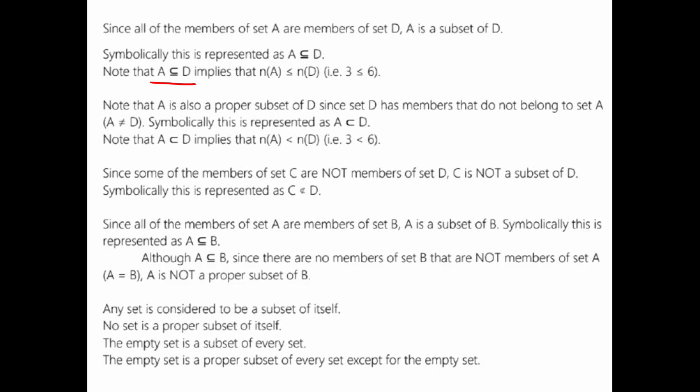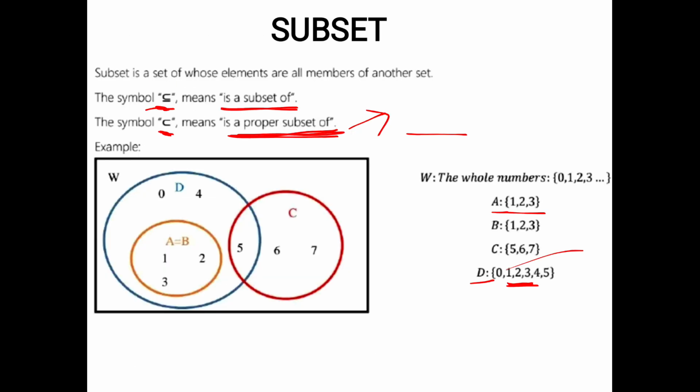Symbolically, this is represented as A ⊂ D. So makita na to because 3 daan value ng A, and then ang D is 6 ang iyaha value.